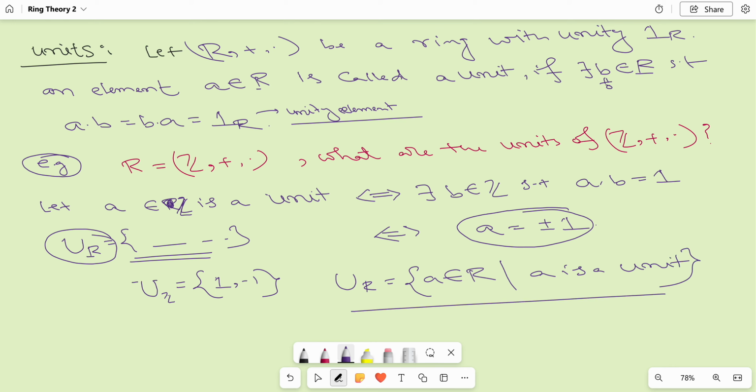Okay, so this is the set which is the notation for units of the ring, right?